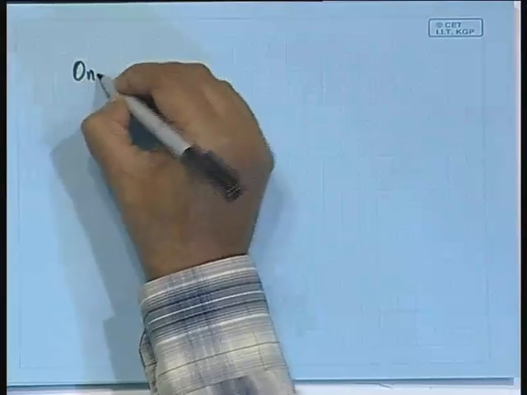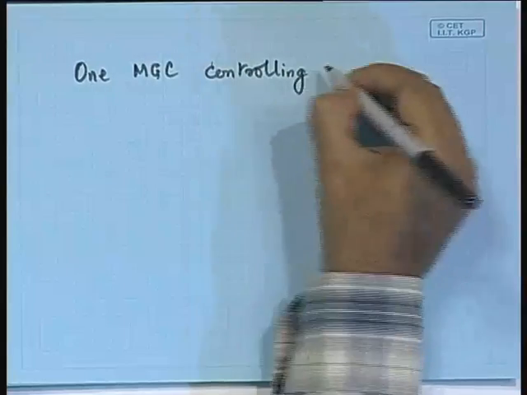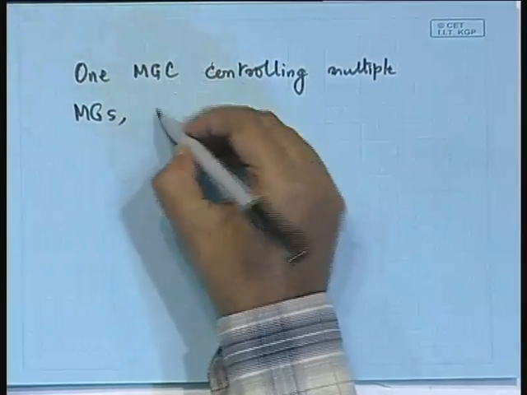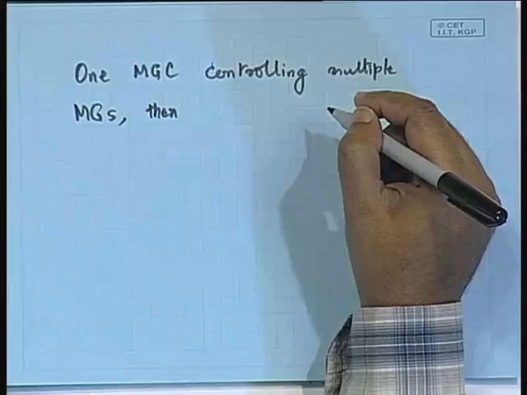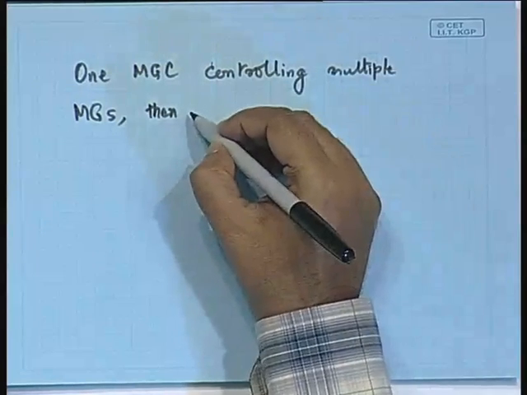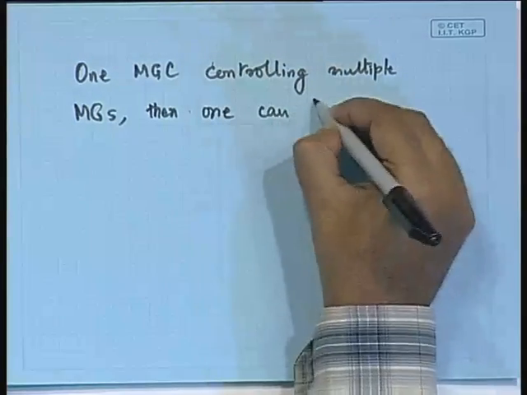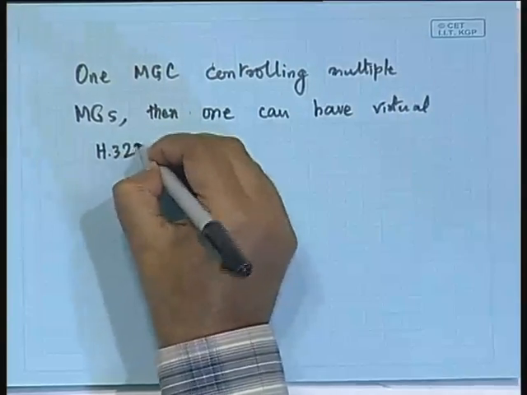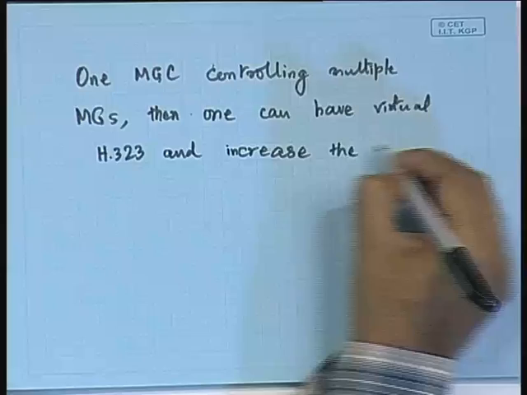So, if we have one MGC controlling multiple MGs, then one can have a system of virtual H.323, and in this process one can increase the line capability.